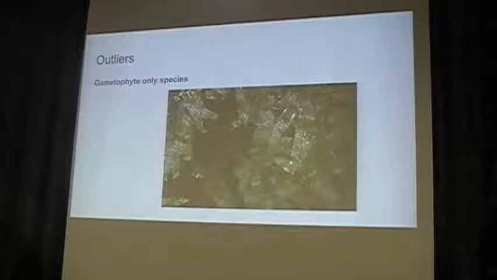This one actually has a pretty cool story. This thing grows deep in caves, usually sandstone caves. You'll find little pockets of this, like a little filamentous mass that looks like a moss or an algae. And it only grows by gametophyte. It reproduces asexually.